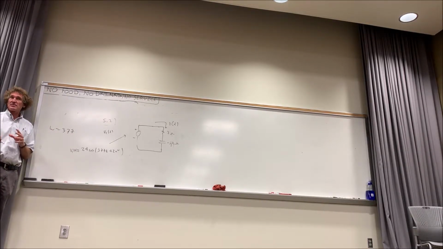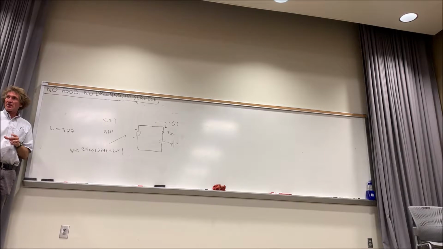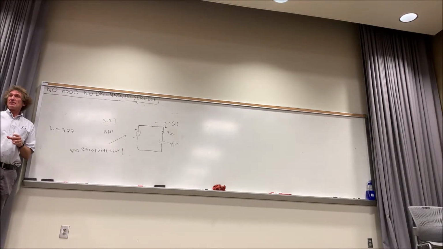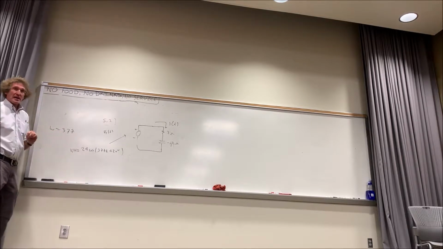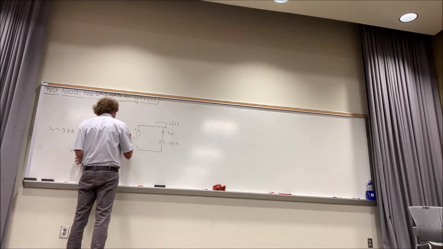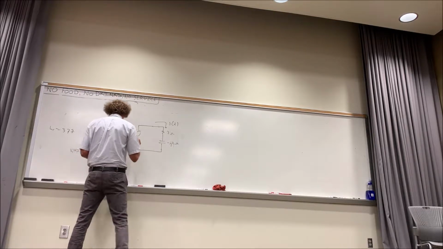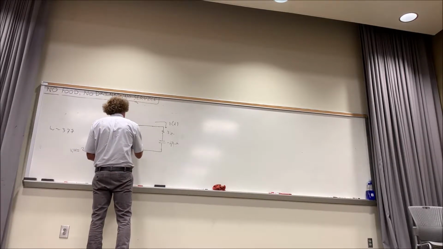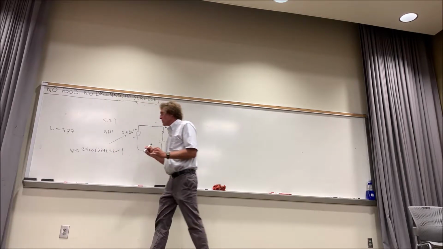It's the coefficient of t inside the cosine argument. You all see that? You suppress omega when you go to the phasor domain. Just magnitude 24 at angle 20 degrees. That's volts.